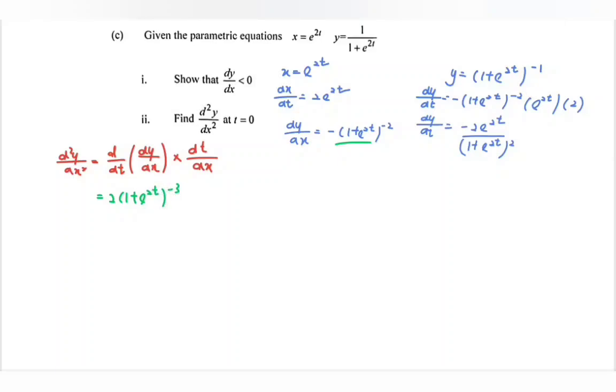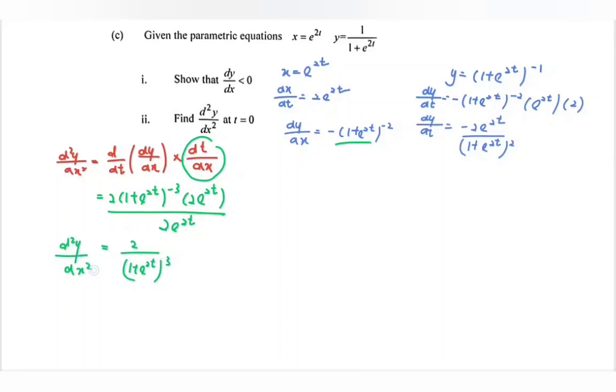Differentiate the internal function. When we differentiate the internal function, we will have e to the power t. Then multiply with this part. So again, we will have 2 e to the power t. So finally, we have 2 over (1 plus e to the power t) to the power of 3. That is our second derivative.